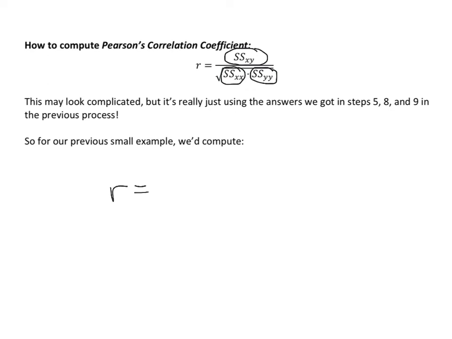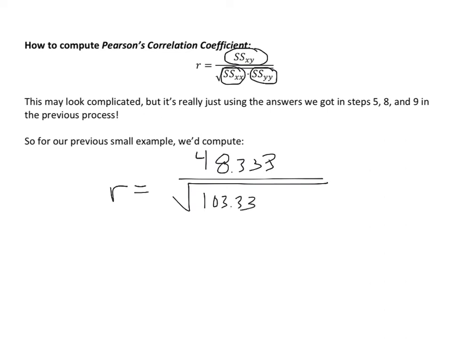So your SSXY number, which was our SSTP value from before, would be 48.333 divided by the square root of the SSXX, which was our SSTT, that was 103.33, times our SSYY, which was 27.333.